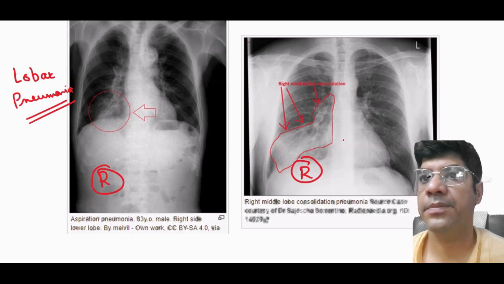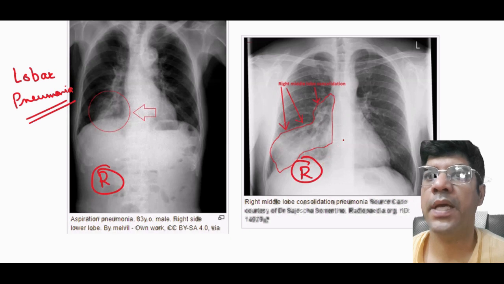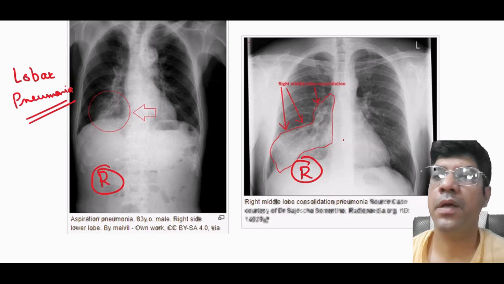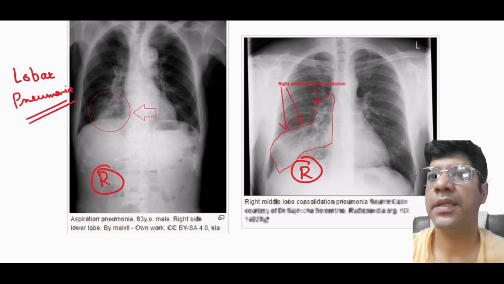Sometimes the pneumonia affects the entire lobe of the lung. The affected lobe would appear consolidated, that is, filled with fluid and inflammatory cells.